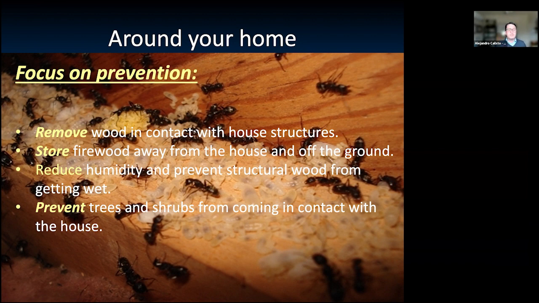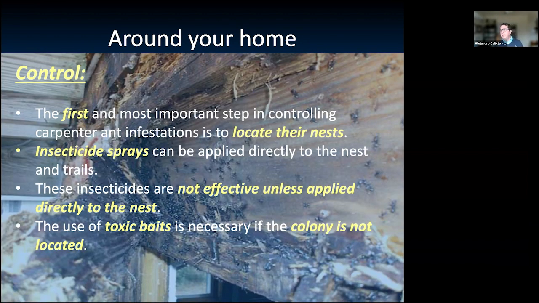So if you cannot prevent it, if you have a serious problem with carpenter ants, the first thing you have to do is find the colony. Luckily, this is a big ant. You can see the trails. So if you have some issues with these carpenter ants, to locate the colony, just follow the trail.